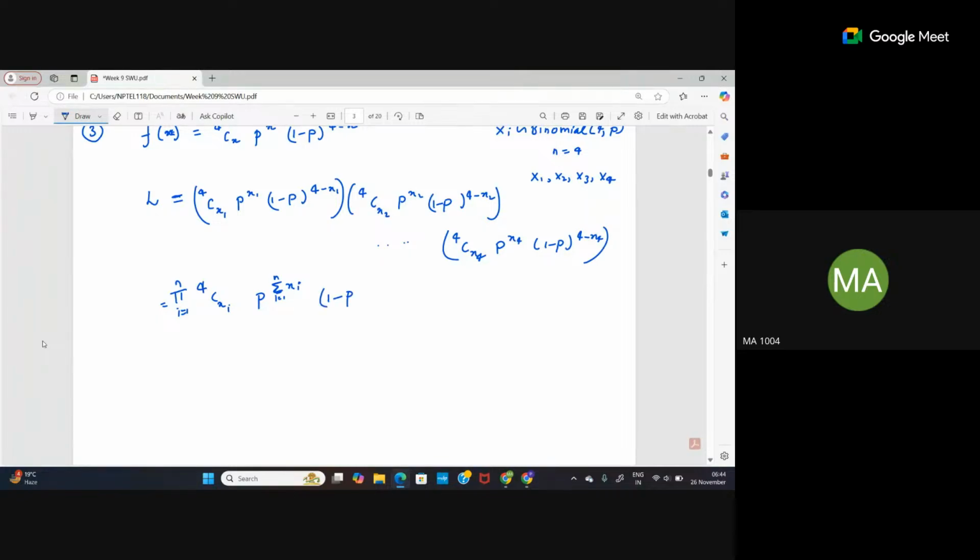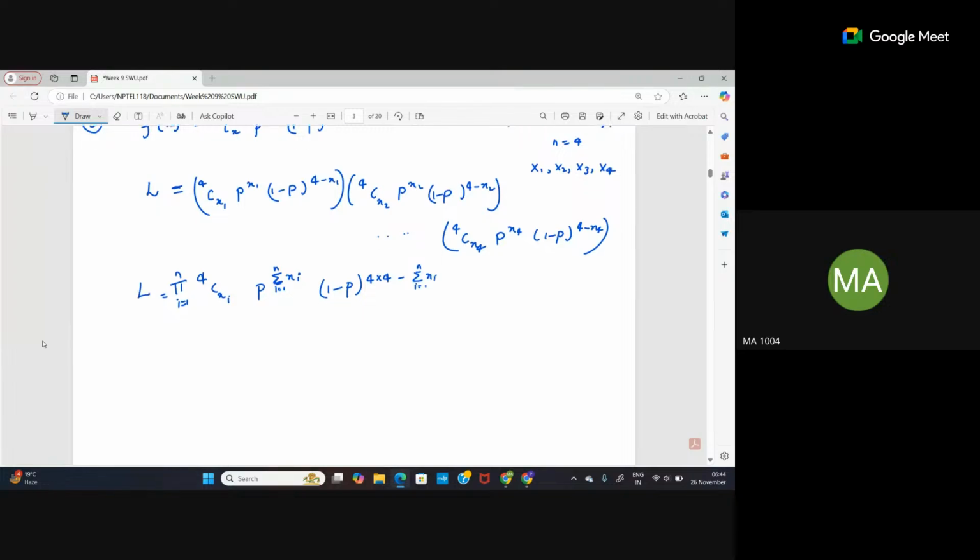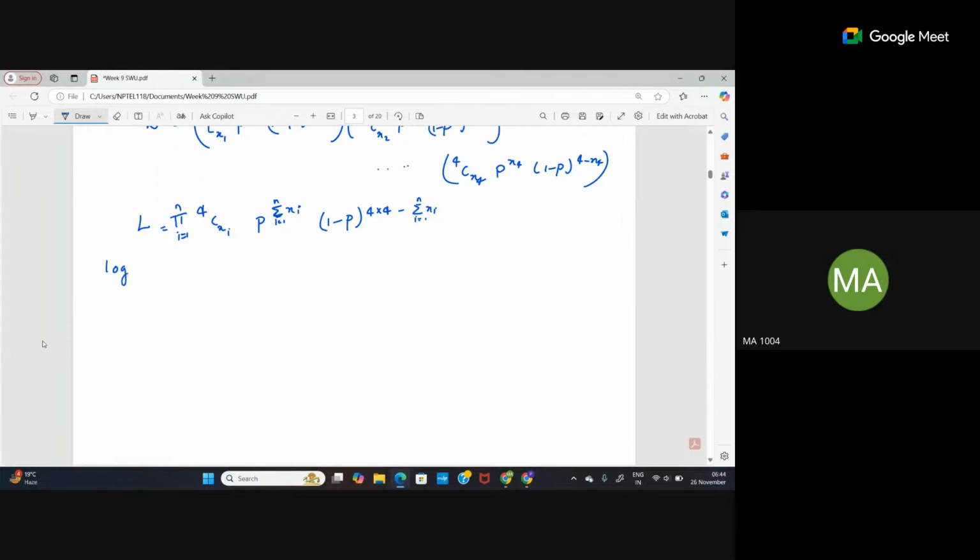Then it will be 1 minus p to the power 4 times 4, because 4 variables are here, minus summation of xi. n is 4, so you can directly write it like x1 plus x2 plus x3 plus x4. That is also fine. Now we will take log of it.